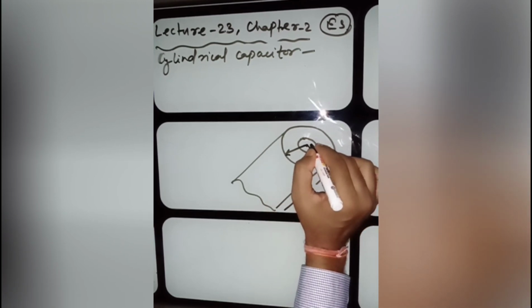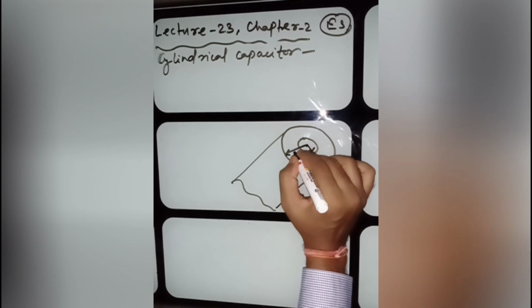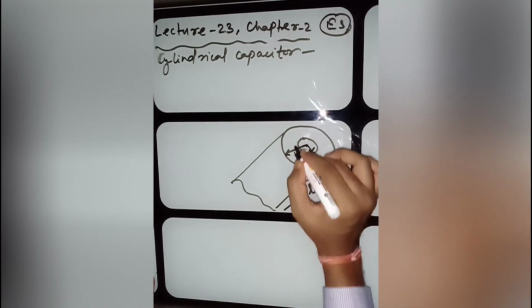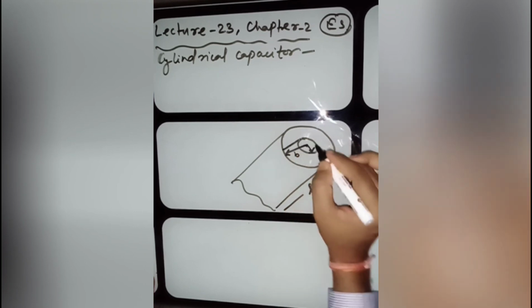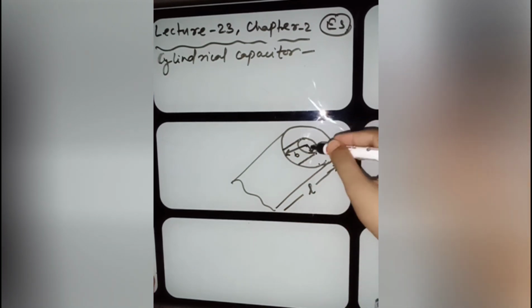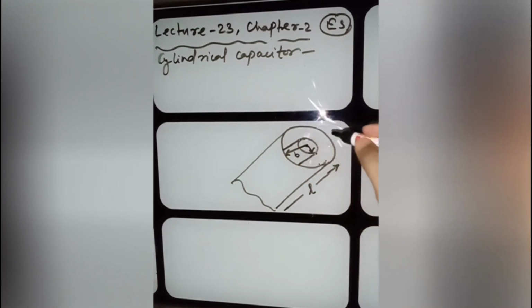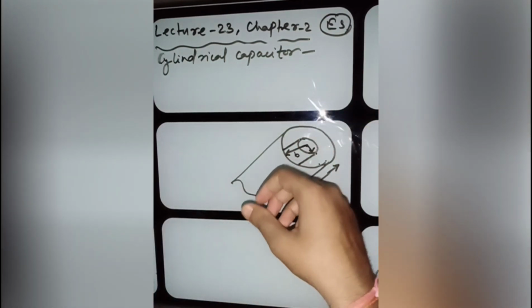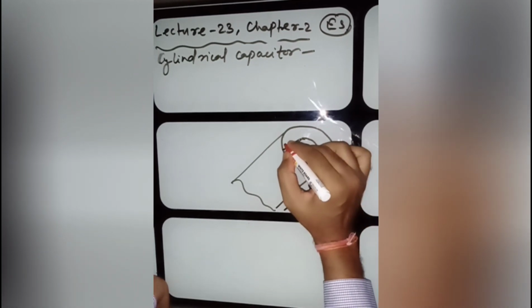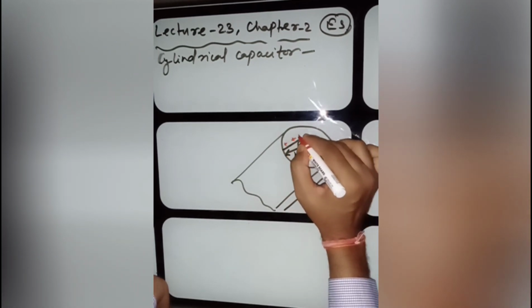Suppose the radius of the inner cylinder is a and the outer is b. This is the inner cylinder and this is the outer cylinder. On the inner cylinder, let us deposit a positive charge by any means or method.